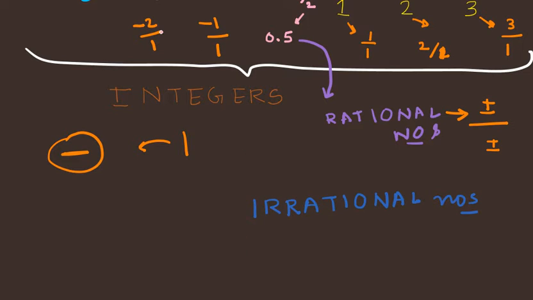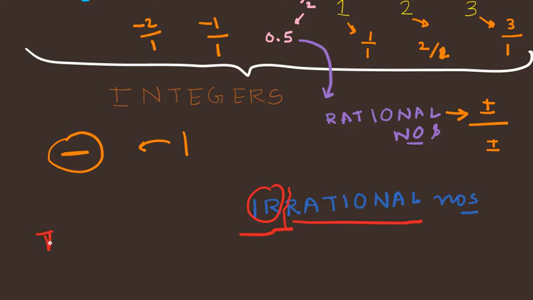Irrational numbers, if you split that, it's nothing but irrational. So numbers which are not rational. So these numbers cannot be expressed in the form of a fraction. Let's take an example.